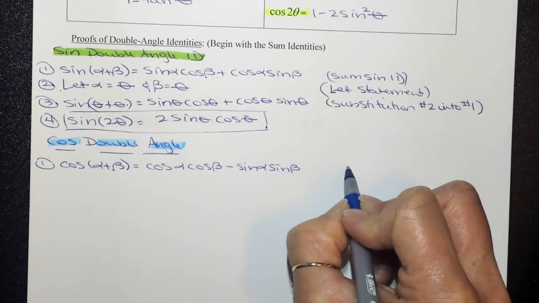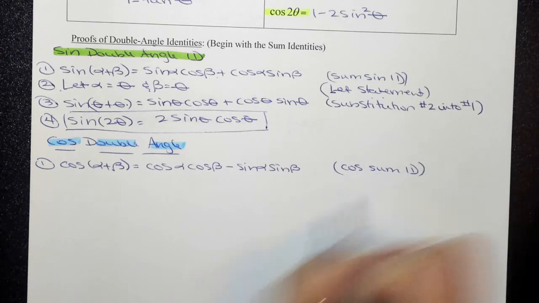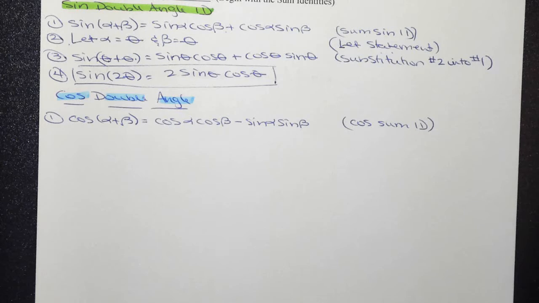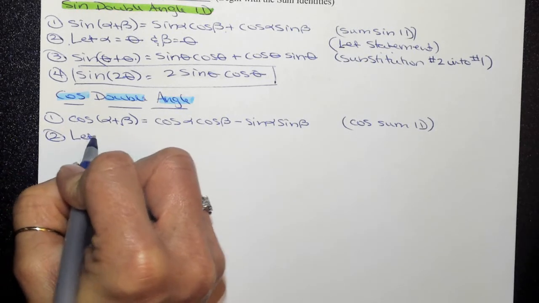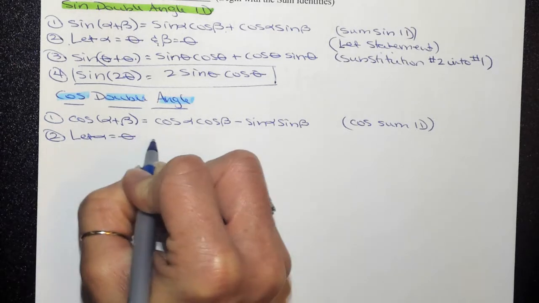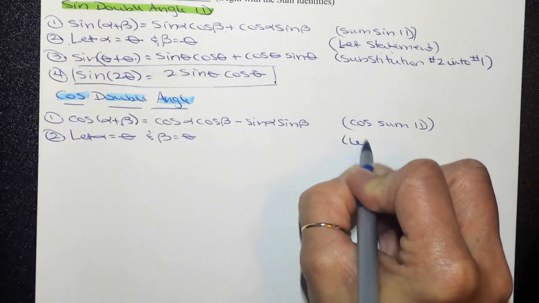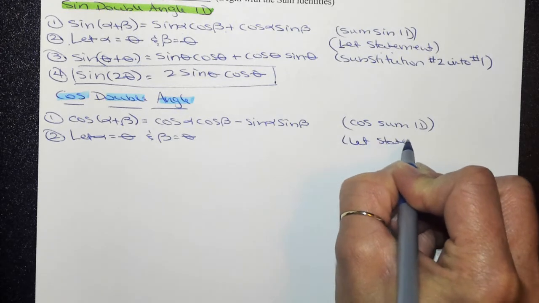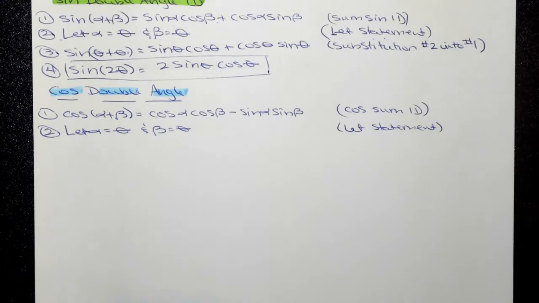Okay, and this is cosine sum ID. Then we'll do again a let statement. And again, this is a proof as to how we get an identity. So it's not the verification, it is a true proof.